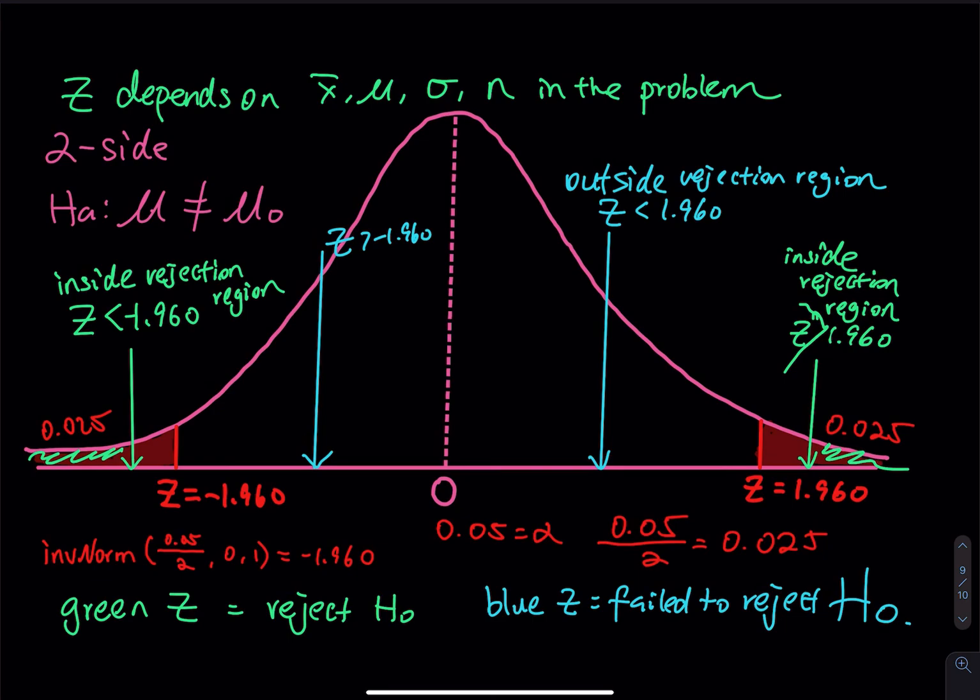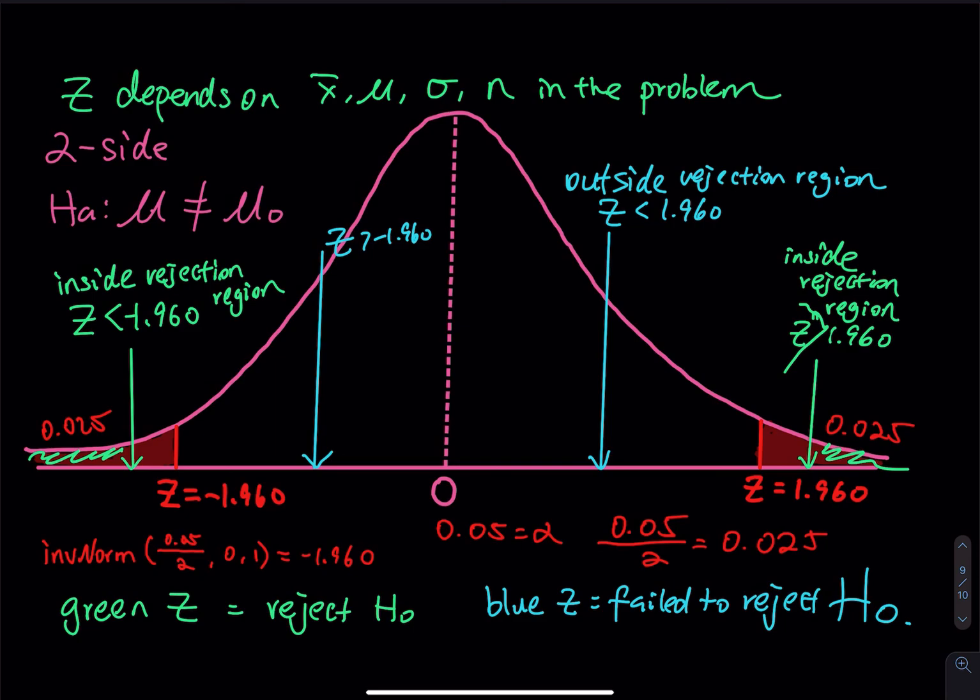So if you get a Z either less than negative 1.960 or greater than positive 1.960, the p-value of that test is the sum of the two green regions. Since they are both inside the rejection region, that means the p-value is less than alpha. Therefore, we reject the null hypothesis. To make this clear: Z inside the rejection region, you reject the null hypothesis. Its corresponding p-value is also less than the rejection region, you reject the null hypothesis.